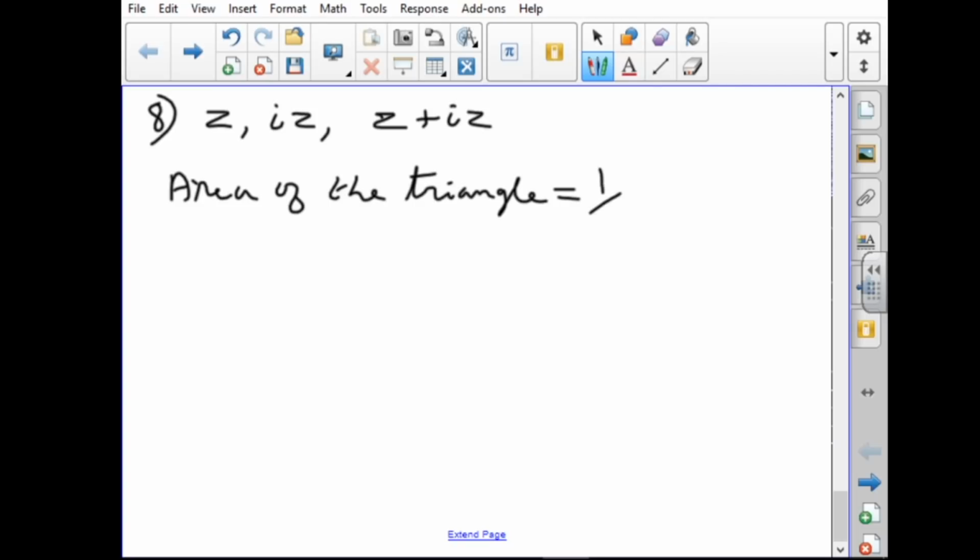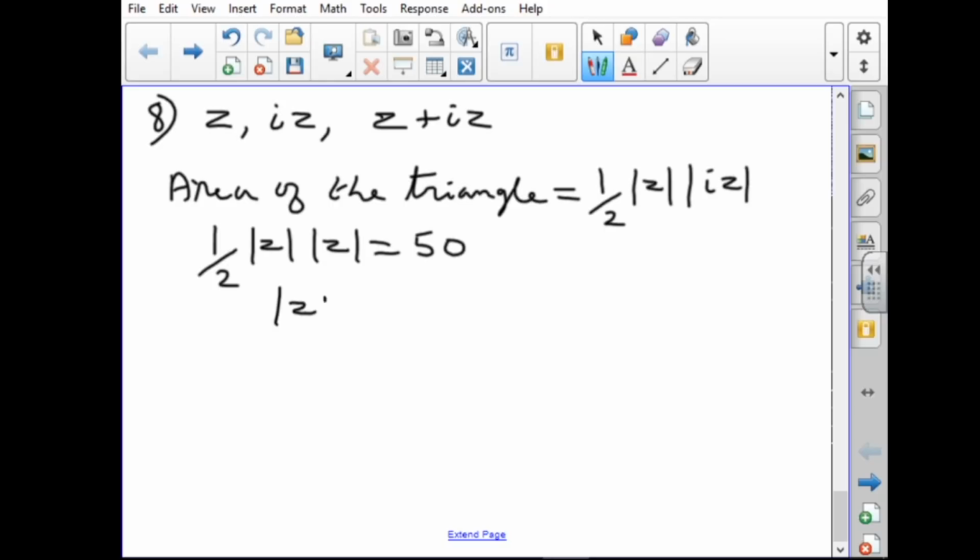So, we will take it as half into modulus of Z into modulus of iZ. It is given that the area of the triangle is equal to 50. Therefore, this is 1 by 2 into modulus of Z into modulus of i. We know that modulus of i is 1.